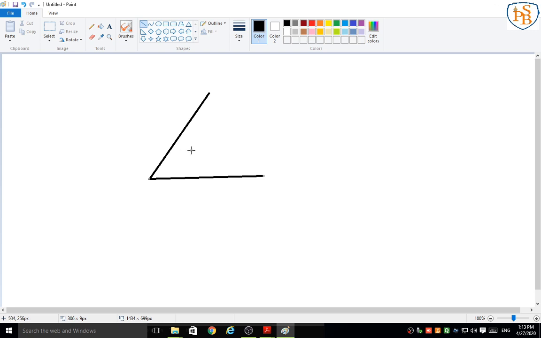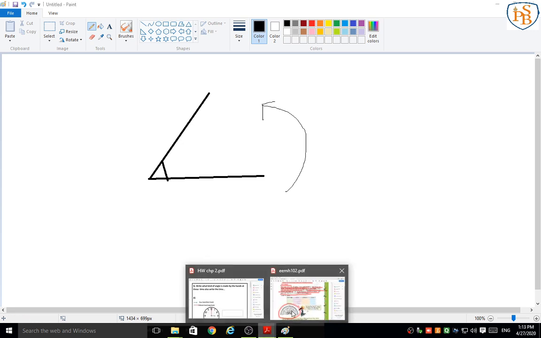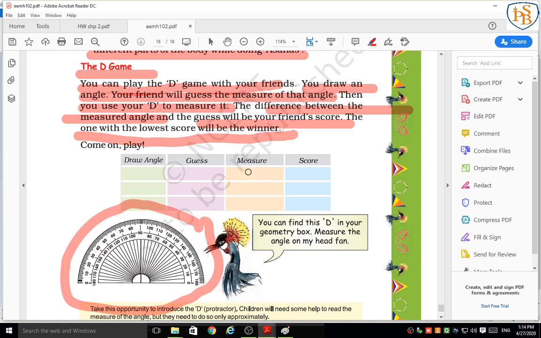So does this angle show less than a right angle or more than a right angle? Very good, it shows less than a right angle because it comes before our 90 degree. If you start from this side, then it will come before 90 degree. So this angle shows us less than 90 degree. So can you tell me the measure of the angle?